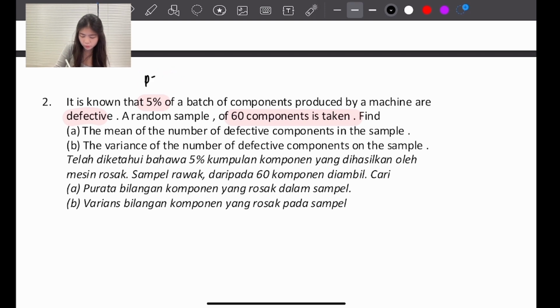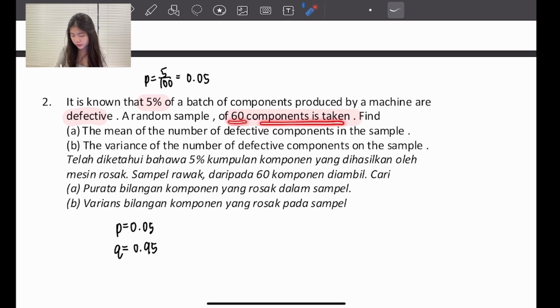So the probability equals 5 over 100, but you can also write it in decimal form, which is 0.05. Both are fine. After we know p equals 0.05, we naturally know q will be 0.95. And here 60 components are taken, which means this is the total number.